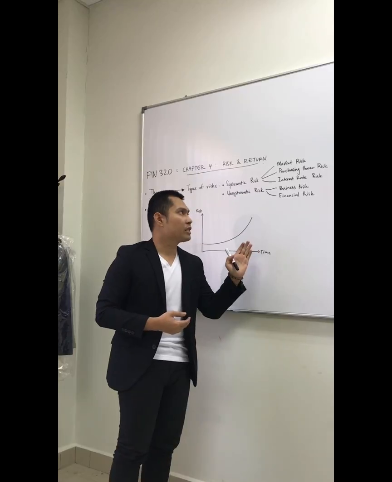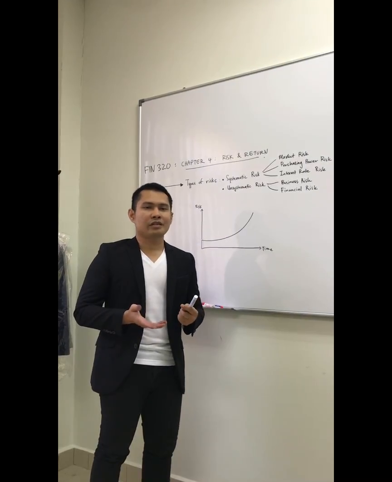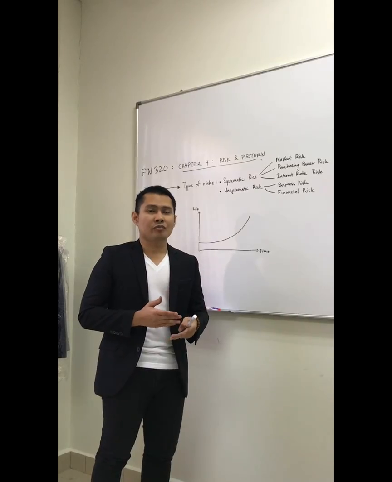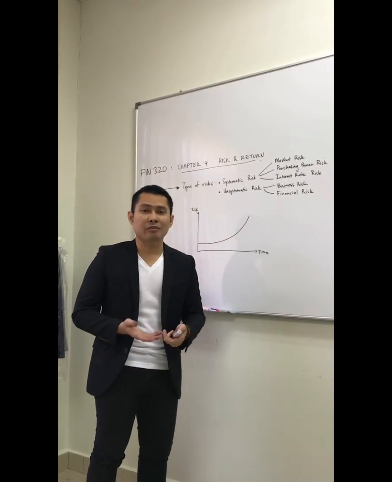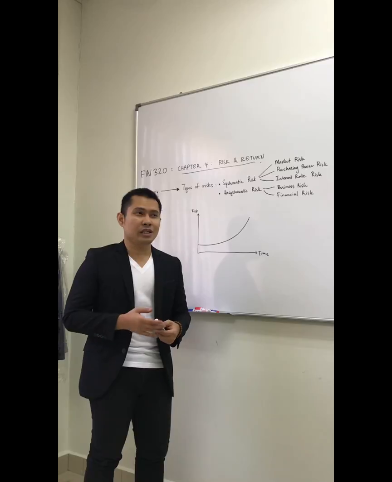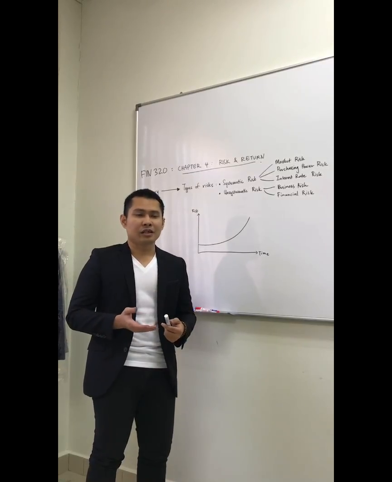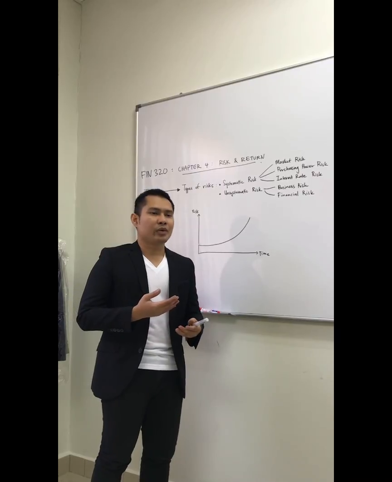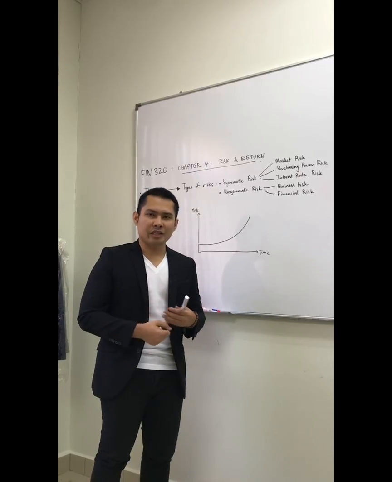And the last one is interest rate risk. Interest rate risk happens when interest rate is getting higher, meaning borrowing becomes more expensive. Usually this happens during inflation. When there is too much inflation in the economy, borrowing becomes more expensive.